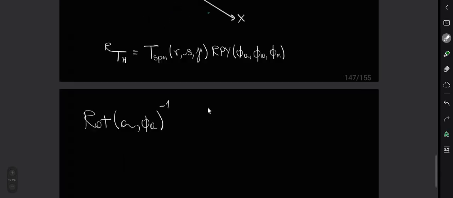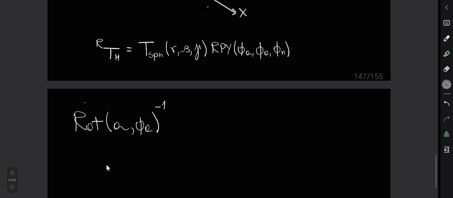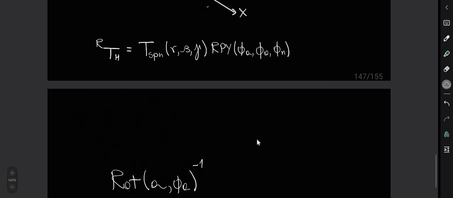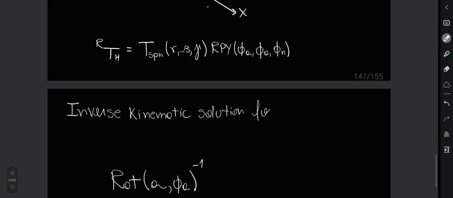Okay, so first let me just complicate this, because again it is the inverse kinematic solution for RPY. Let me write this: the inverse kinematic solution for RPY.